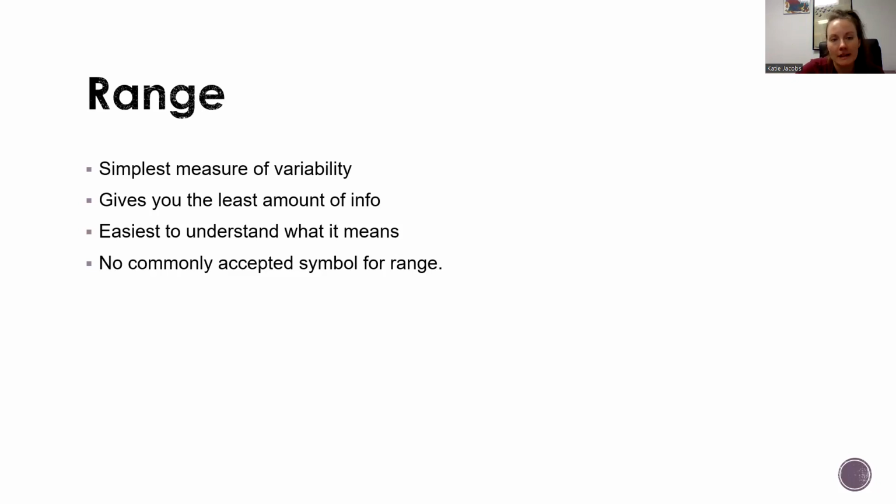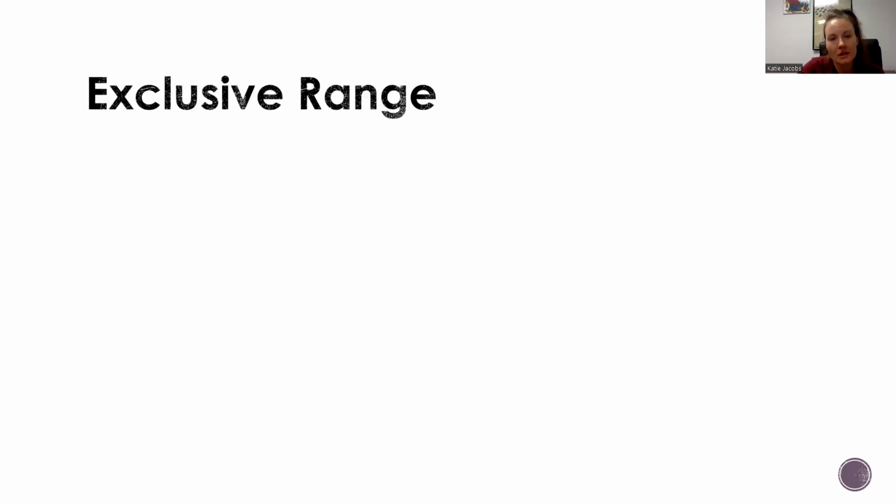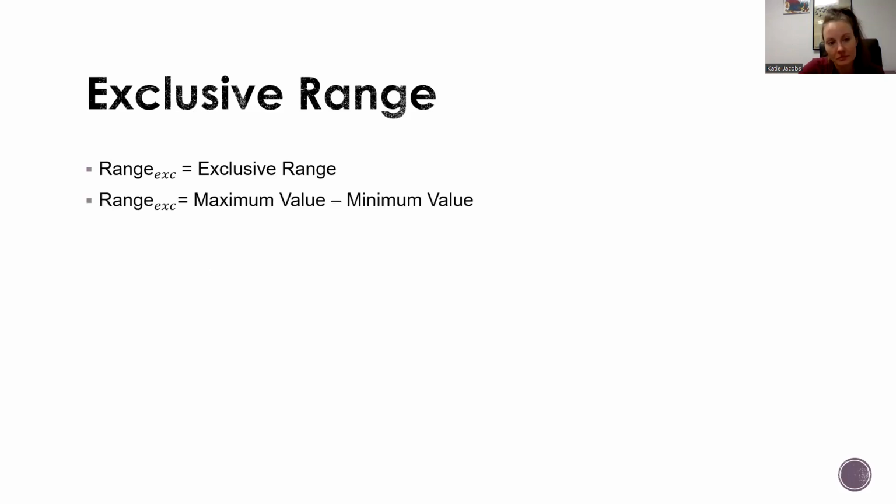You could even do range sub EX because there's no commonly accepted symbol for range. So the exclusive range, if you see here, I have range sub EXC. That's probably what I'll use most frequently to refer to exclusive range.